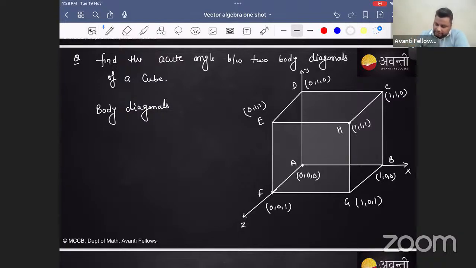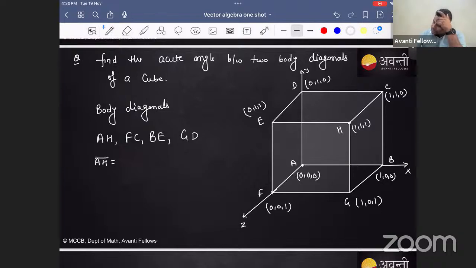So here in this case, AH is a body diagonal, then FC is a body diagonal, then BE is a body diagonal, then GD is a body diagonal. There are four body diagonals. Am I clear?